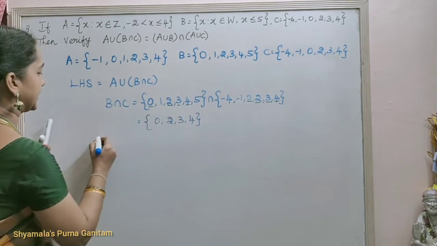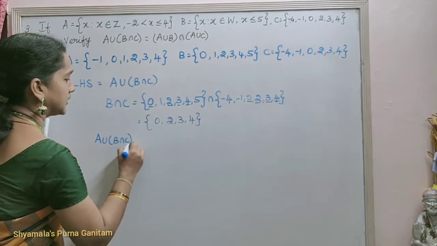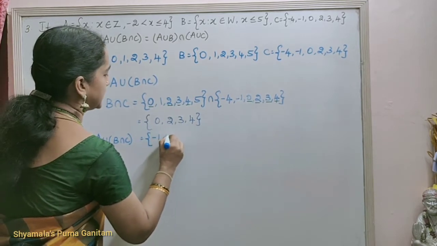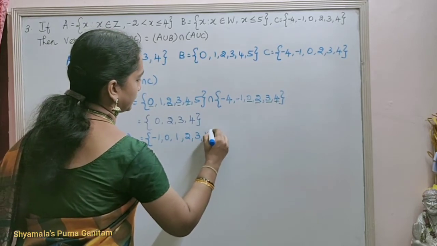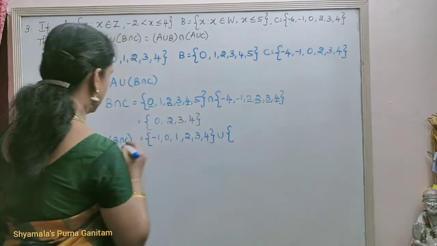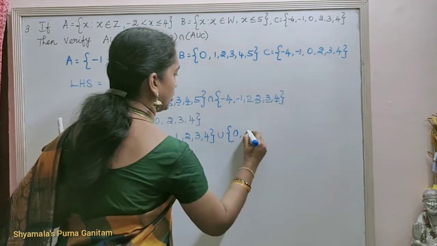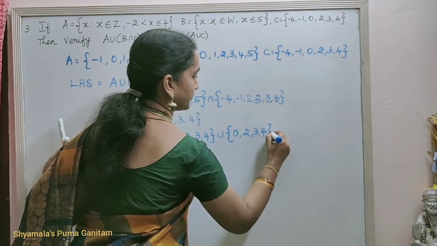Now we will find A union B intersection C. So elements of A are minus 1, 0, 1, 2, 3, 4. Union B intersection C, which we just found, that is 0, 2, 3 and 4.